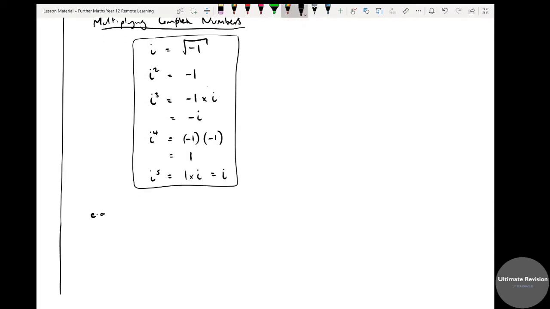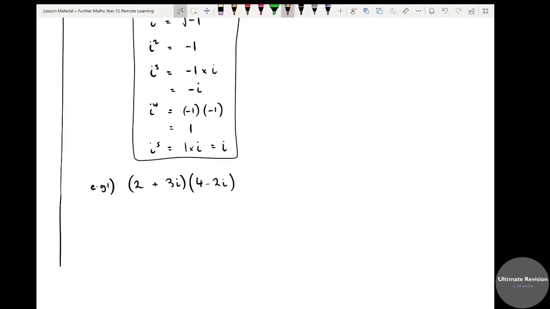Right, example 1, straight in with an example: (2 + 3i)(4 − 2i), and the question might be to expand and simplify that. You do it exactly as you would normal brackets. So 2 times 4 is 8, 2 times minus 2i is minus 4i, and then we've got plus 12i there.